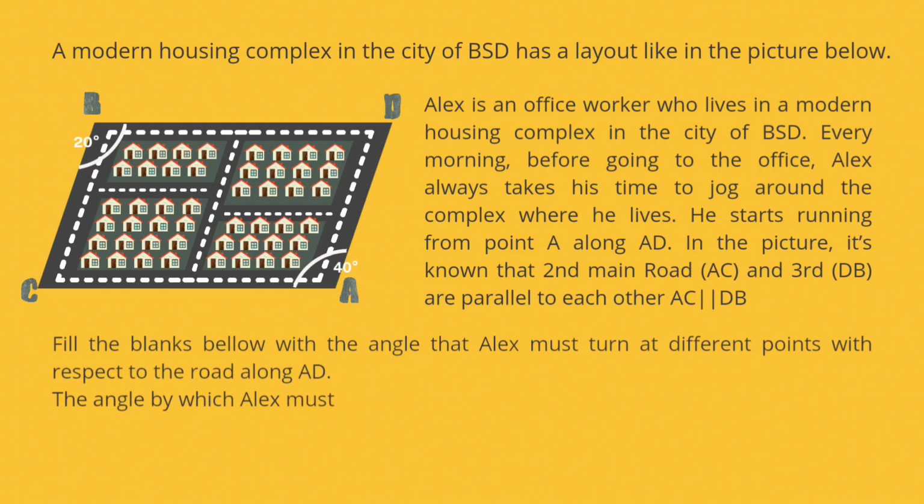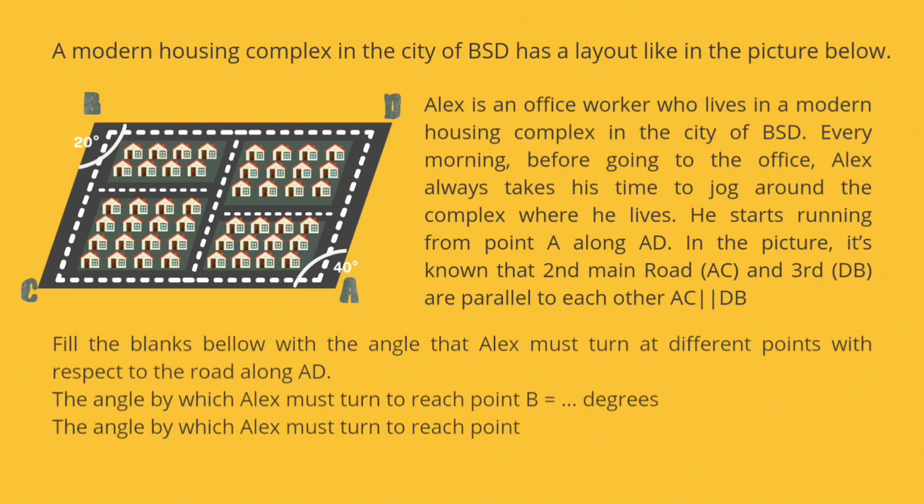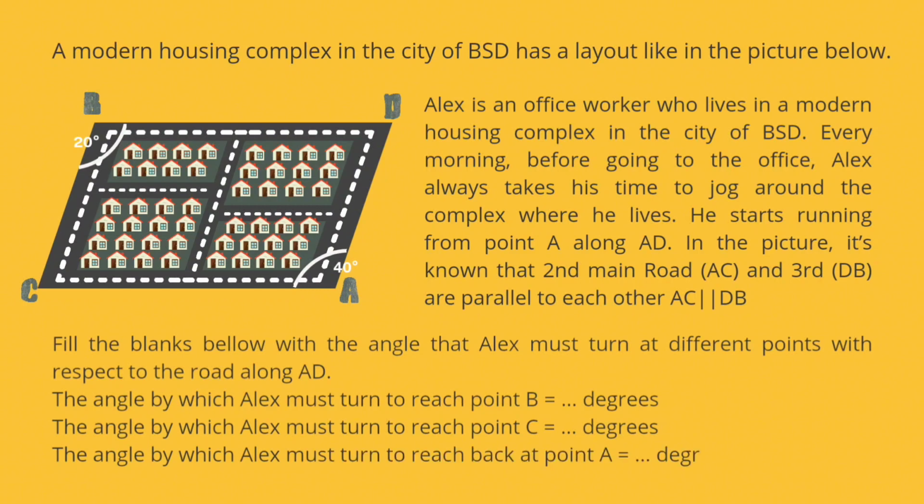He starts running from point A along AD. AC is along the 3rd main road, AB is along the 2nd main road, and it's given that the 2nd main road is parallel to the 3rd main road. That means AC is parallel to DB.